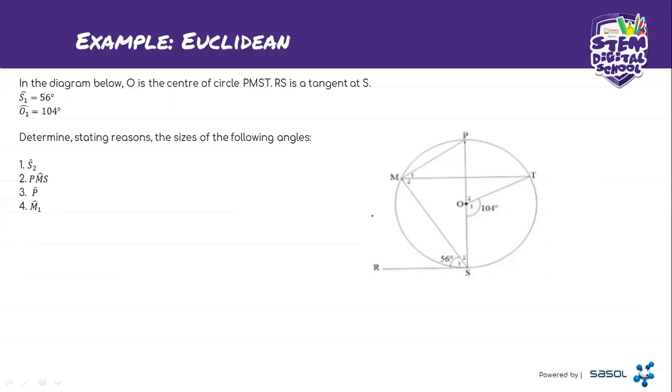RS, I think, is a tangent at S, right? And angle S1 equals 56, and then angle O1 equals 104 degrees. Now, my dear learners, every time when you read a scenario under Euclidean geometry, for instance, for this one, you can see that they are talking about the tangent, right?